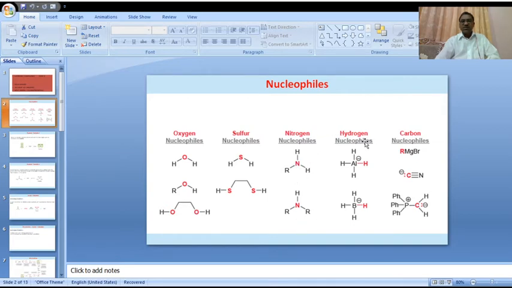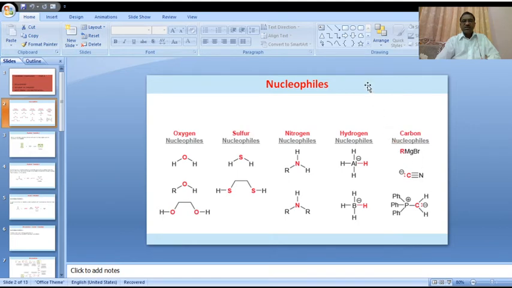Next, hydrogen atom containing nucleophiles: AlH4 minus, aluminum tetrahydride ion, is one of the hydrogen nucleophiles. Next, BH4 minus, boron tetrahydride ion, is also one of the hydrogen nucleophiles.